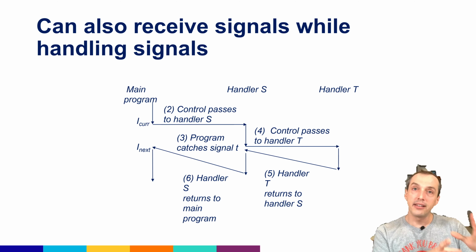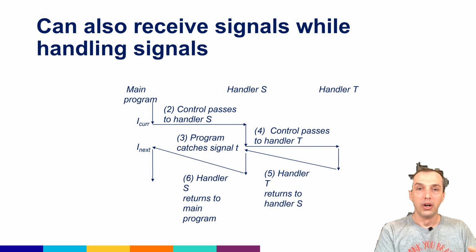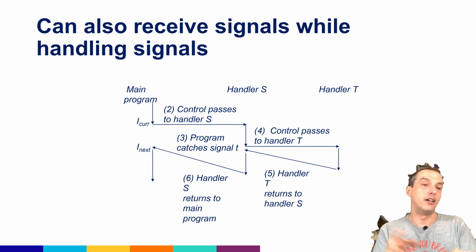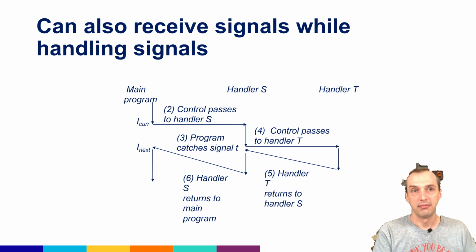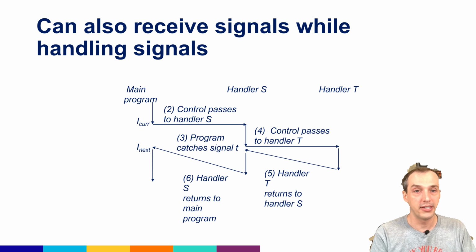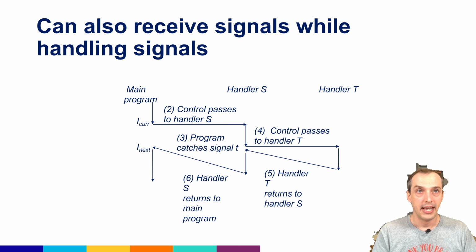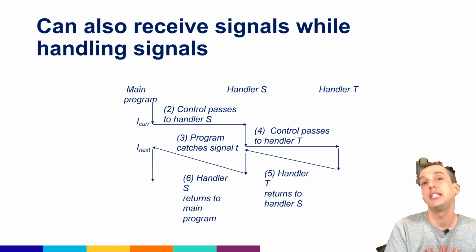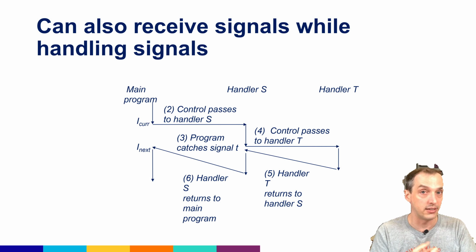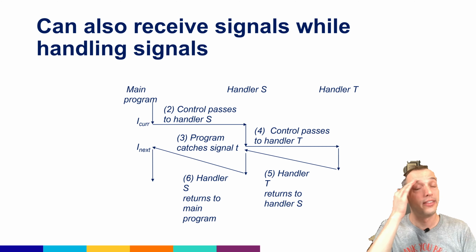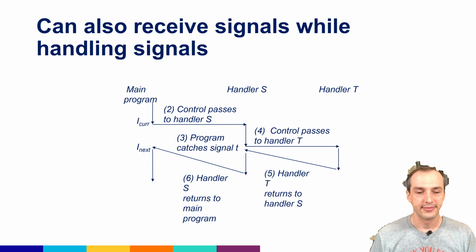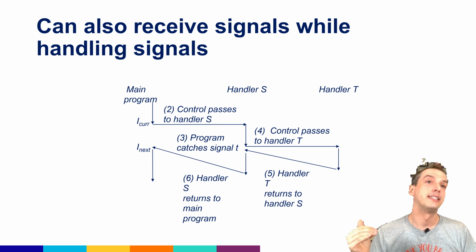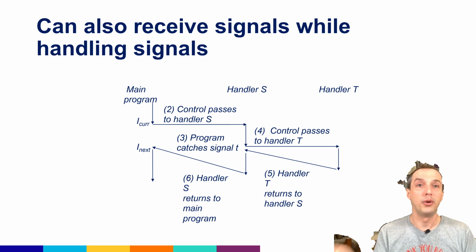While we are handling signals in user mode, we can receive other signals while we're receiving that one signal. I don't even want to try and make an analogy for this, but the basic idea is that we only receive signals when we transfer over from kernel mode back over to user mode.